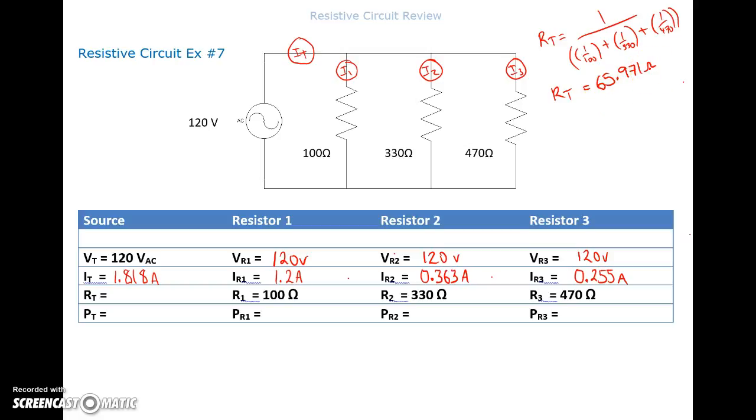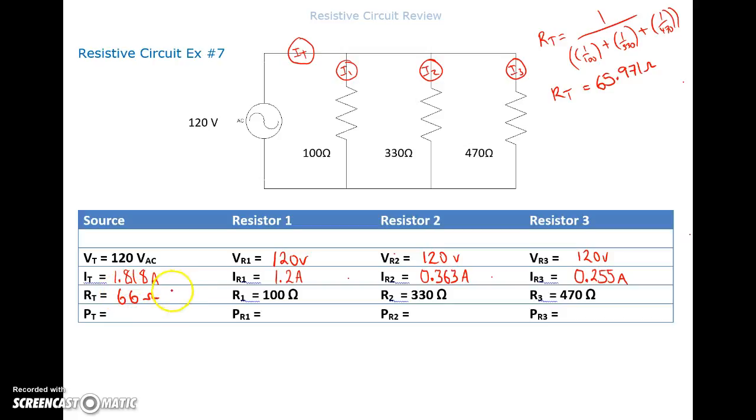So if we did the 120 divided by 65.971, we would have got a current of 1.818. Just so that it may have been rounded up a little bit because it's actually 1.8189. So essentially gives us the same current. Let's take the 120 divided by the 1.818 that we had, and that gives me 66 ohms as a total.